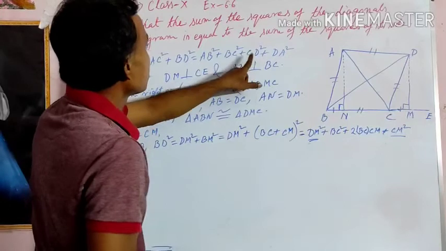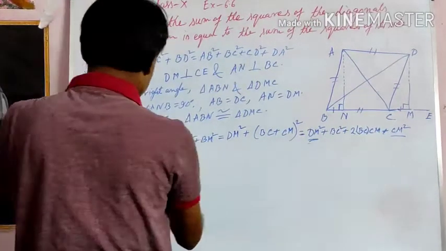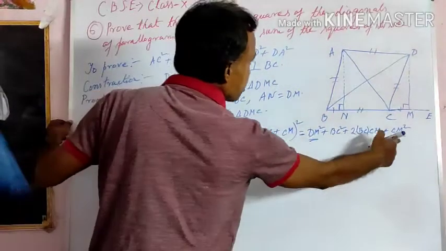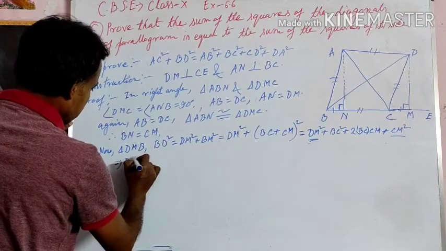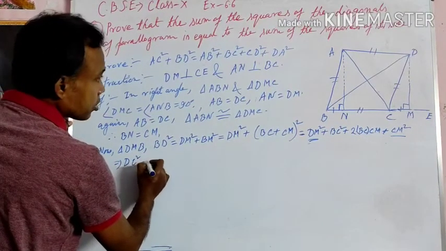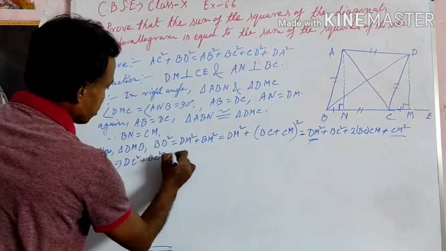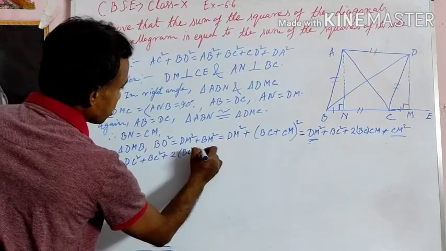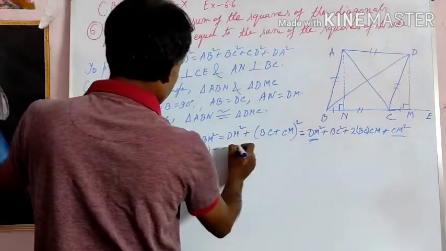DC square or CD square, same thing. So in place of DM square plus CM square, we will write DC square plus BC square plus twice BC into CM. Okay, suppose this is equation number 1.